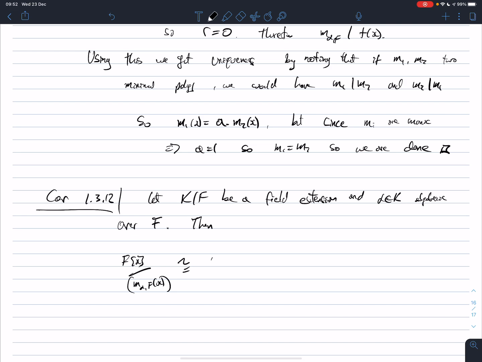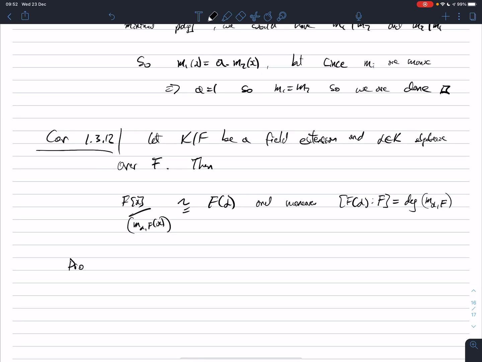This field is isomorphic to F(alpha), and moreover, the degree of this field extension F(alpha) over F is exactly the degree of my minimal polynomial, degree m_alpha over F.